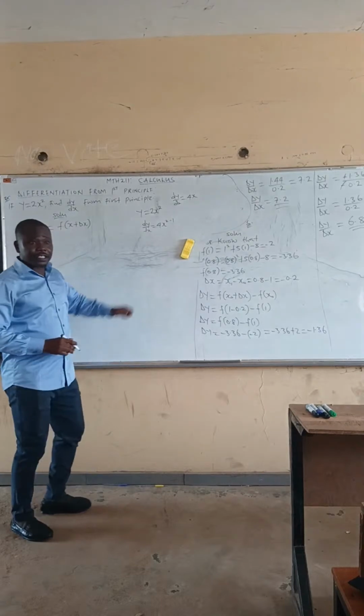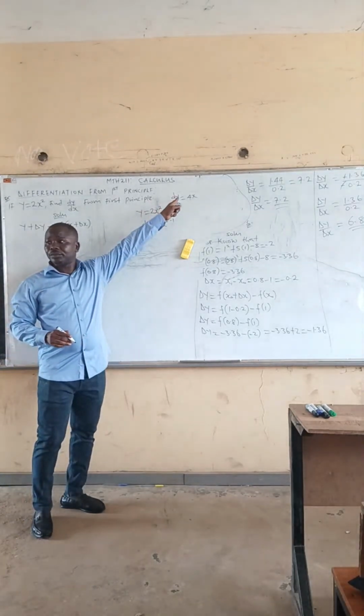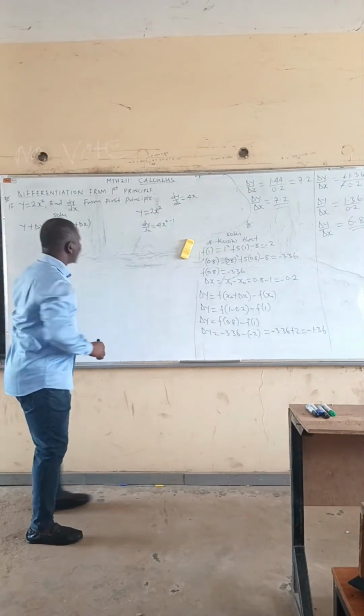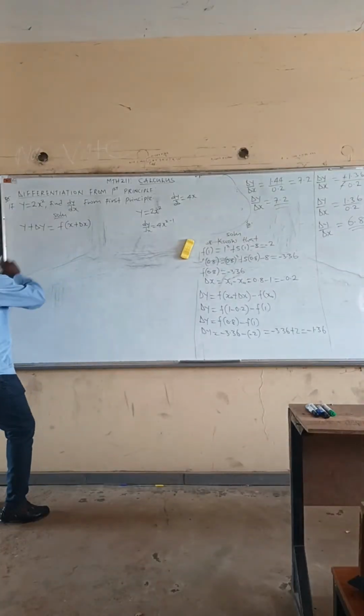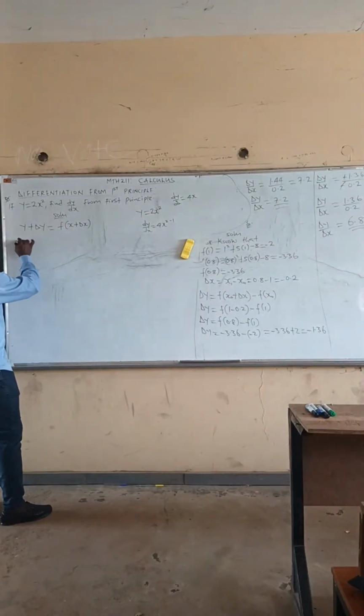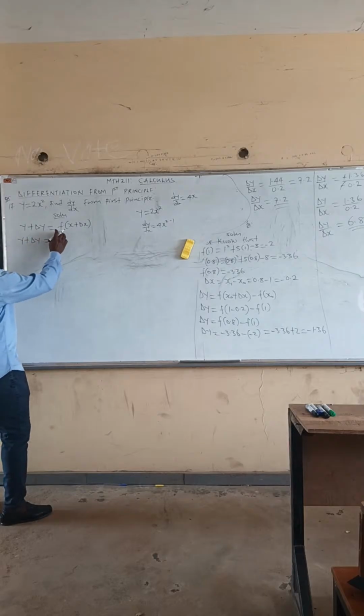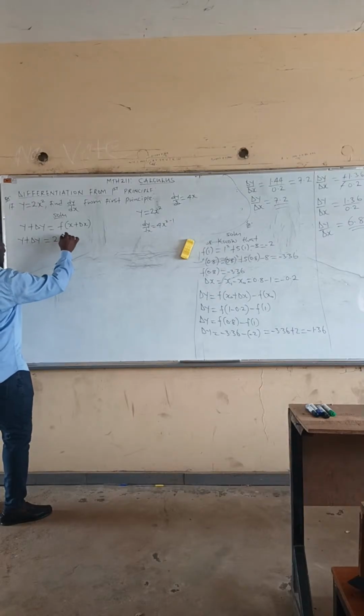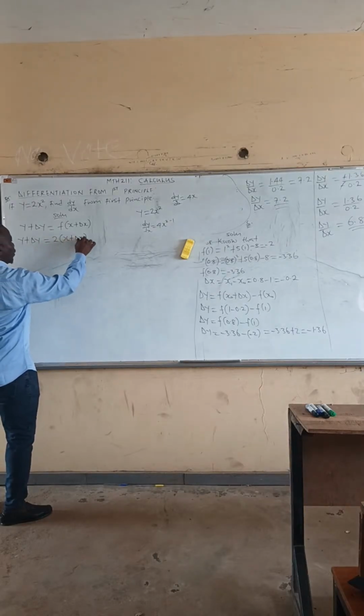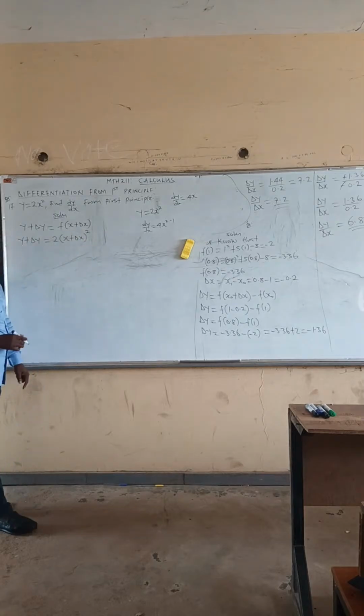Yes, this is what we are going to arrive at. Okay, so now let us go by this. Our y plus dy is equal to f, 2 open bracket x plus dx.